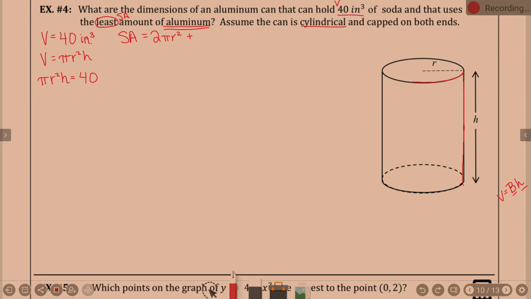So what's the circumference of a circle? 2 pi r. That's going to be one side of the rectangle. What's the other side of the rectangle? The height, h. So we need 2 pi r h. There's your surface area.